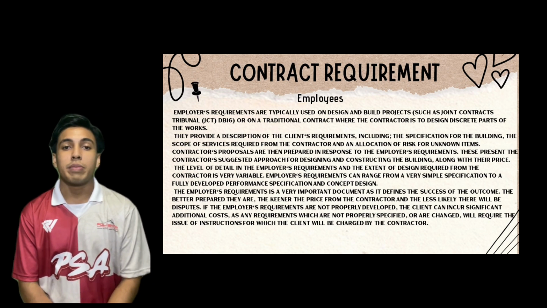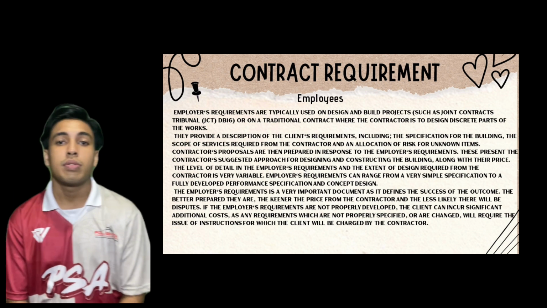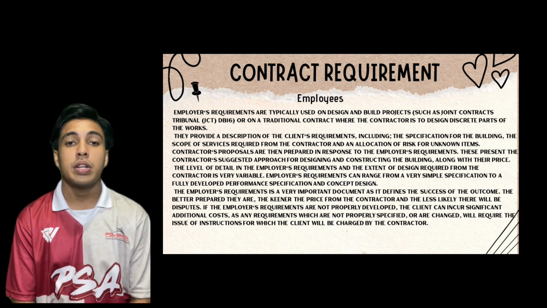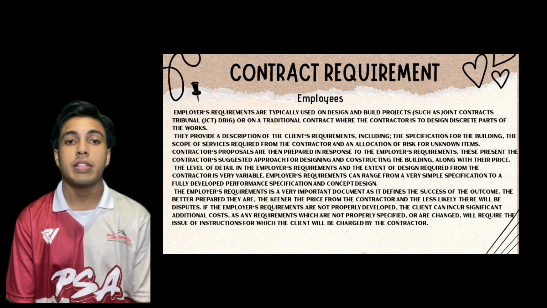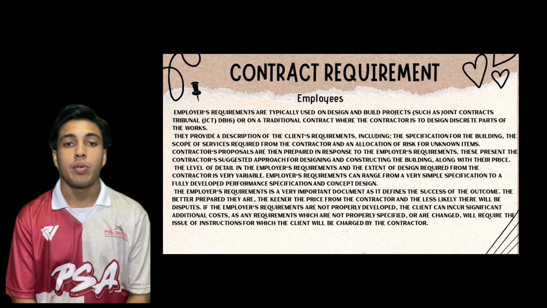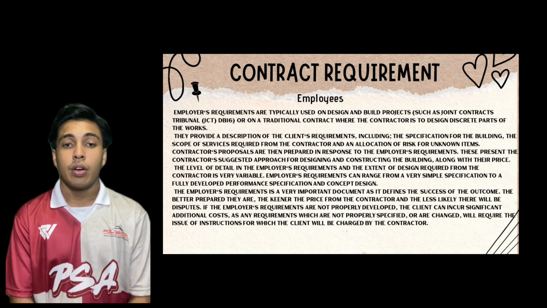For contract requirement, employer's requirements are typically used on design and build projects such as Joint Contract Tribunal (JCT) DB16, or on a traditional contract where the contractor is to design discrete parts of the work.